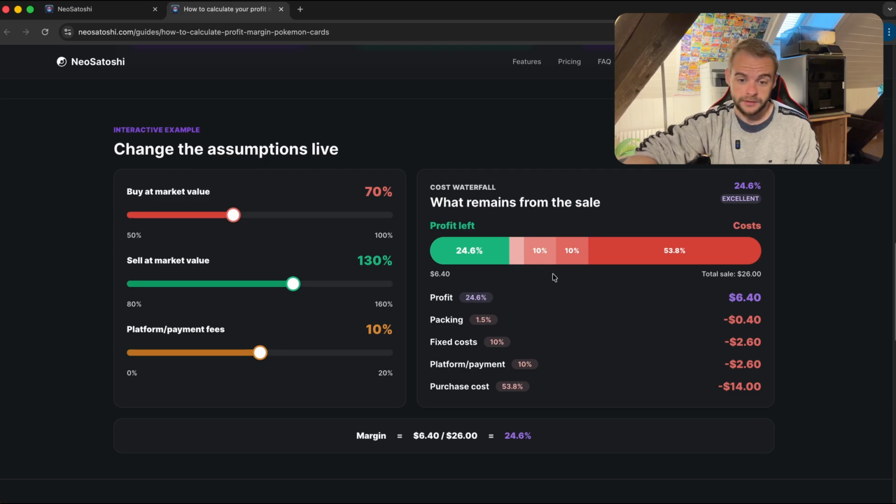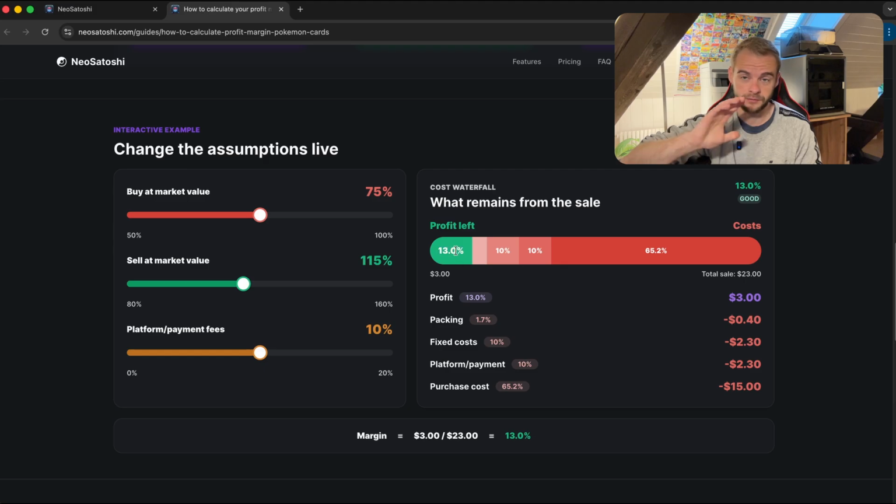Now, if we modify the numbers a bit, so let's assume we have a more expensive card, then we can only maybe sell the card for 115%, and we might buy it for like 75%. Then you can directly see the impact. We have now only 13% left as a profit margin.